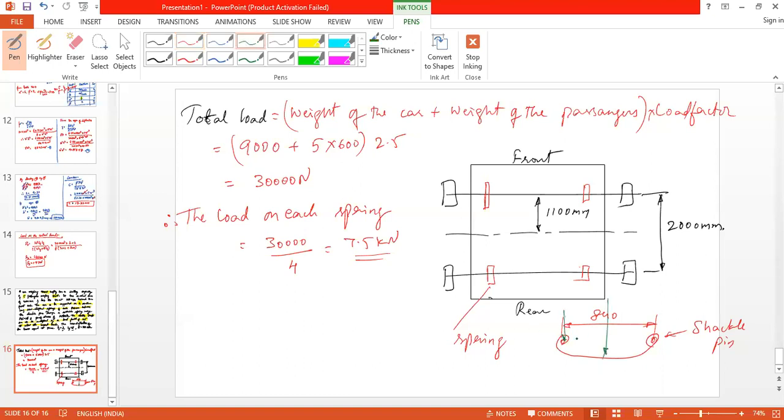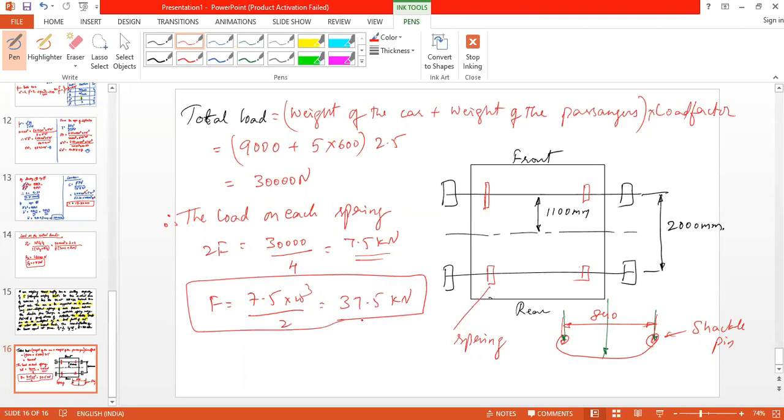If you treat that as a cantilever beam, this is F. So F is 7.5 into 10 power 3 divided by 2, which is 37.5 kilonewton. That is the load.